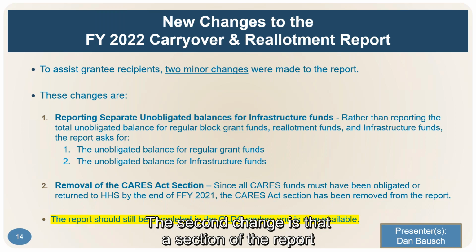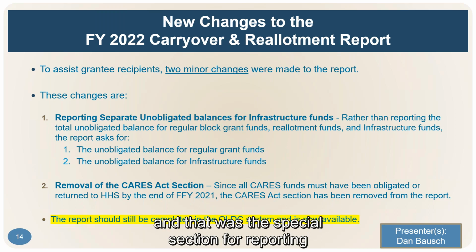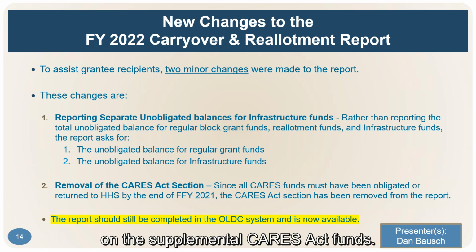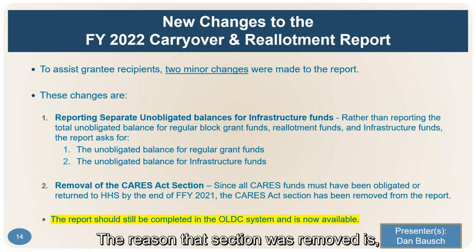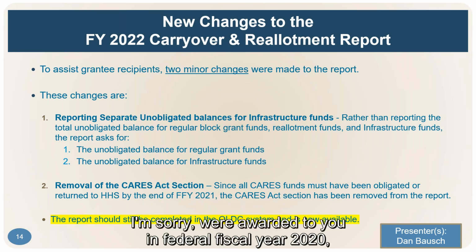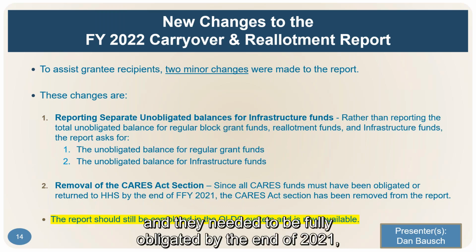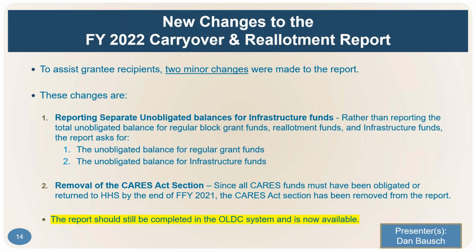Second change is that a section of the report that was there last year is not there this year, and that was the special section for reporting on the Supplemental CARES Act funds. The reason that section was removed is because the CARES funds were awarded to you in federal fiscal year 2020, and they needed to be fully obligated by the end of 2021.